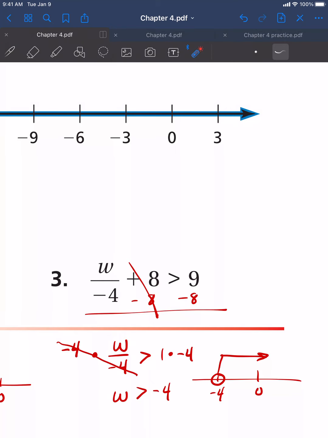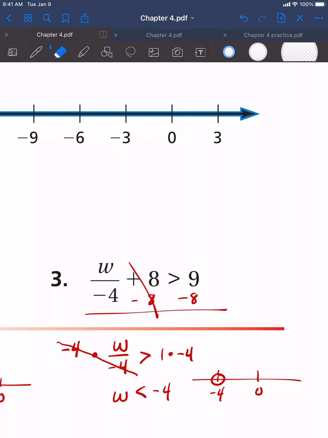Yeah, see this? See how I multiplied each side by negative 4? Because I multiplied each side by a negative, what should my inequality have done? Okay, so I'm going to erase it right here, and I'm going to flip it. And then that means I need to erase my graph, because that means that it's pointing the wrong direction, right?